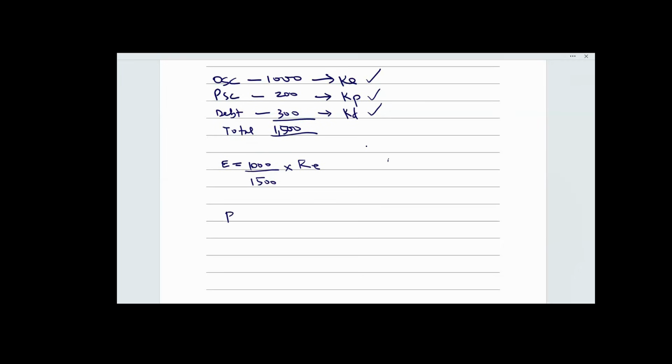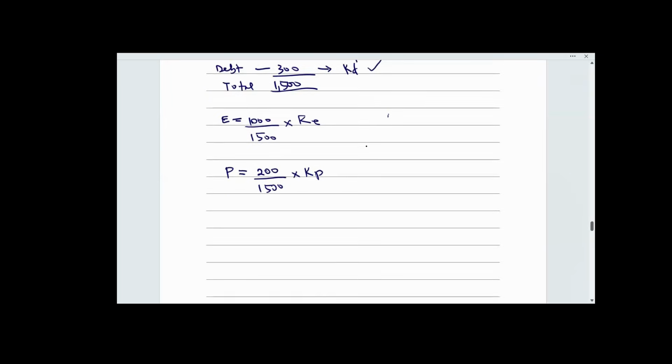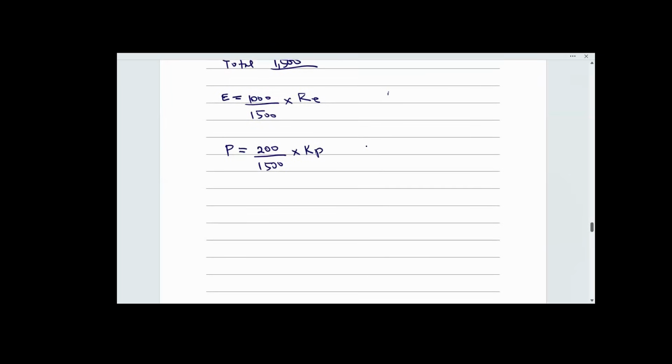Preference share is denoted as P, so the value of preference share is 200 over the total value of 1,500 multiplied by the cost of preference share that I've calculated. I will do the same thing for the debt. The value of the debt is 300 over the total value in the capital structure, which is 1,500, multiplied by cost of debt.